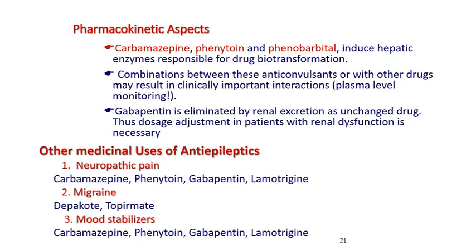Others are prescribed in migraine prevention, like the Topiramate and the Depakoate, which is the valproic acid mixture. Some others are used as mood stabilizers, again, like the phenytoin, carbamazepine, gabapentin, and lamotrigine.